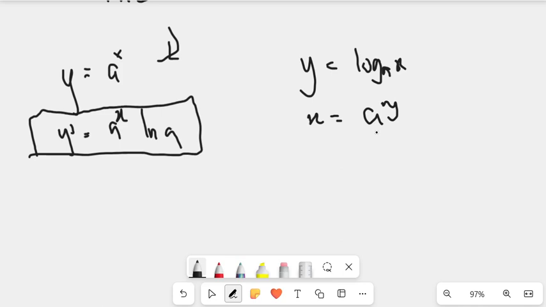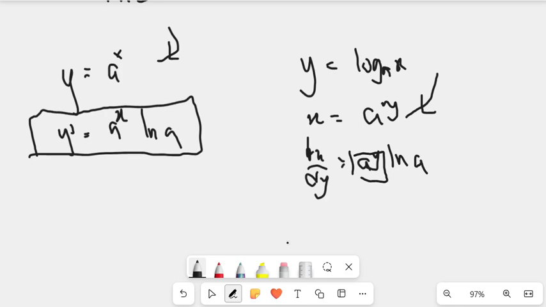So let's take the derivative of x with respect to y. That would be dx/dy equals a to the power of y times ln of a. In case you are wondering, you can substitute the y back and you would get x.